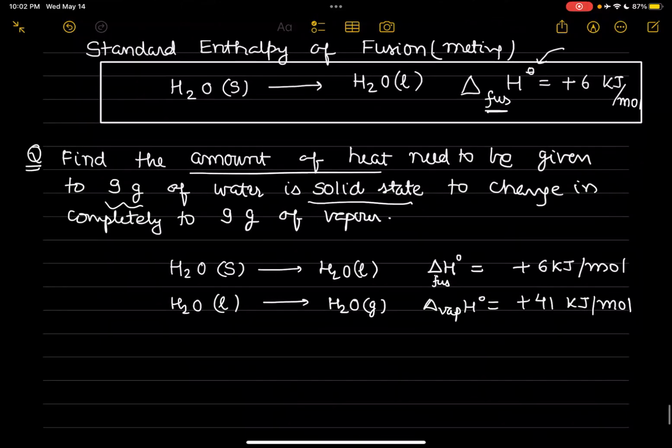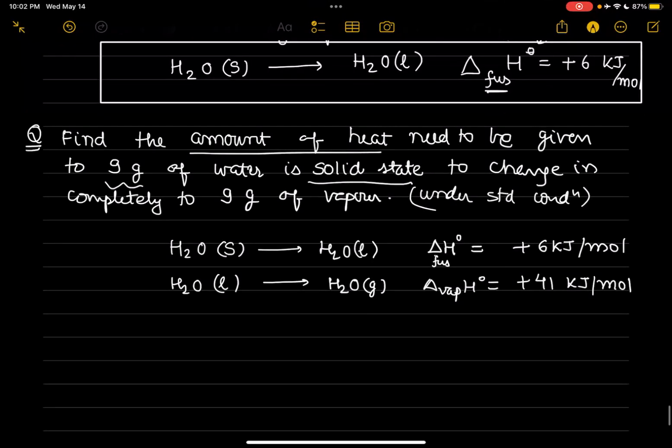So I am asking what is the amount of heat required to change 9 grams of water from the solid state to 9 grams of vapor under standard conditions. So what I should do is, I want from here to here.